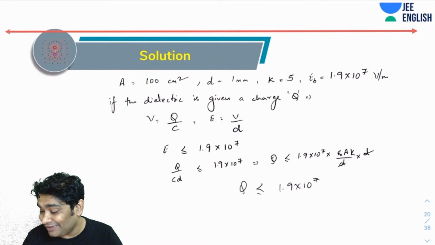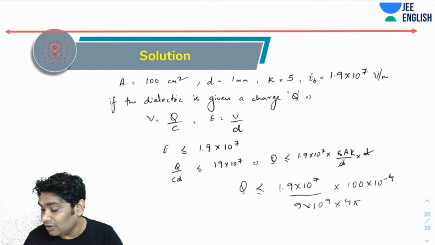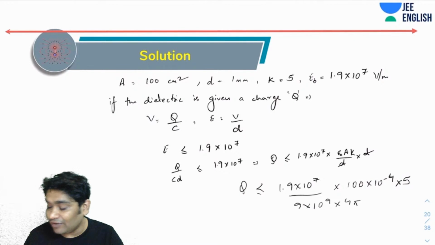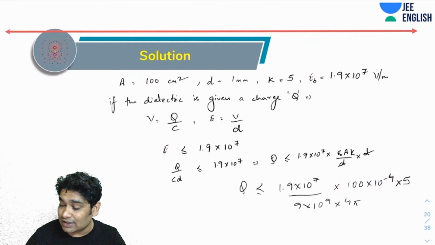Now you'll have 1 by 9 into 10 to the power 9 into 4 pi into area. Area was 100 into 10 to the power of minus 4 into the dielectric constant K, 5. So this is what you will have your answer as.